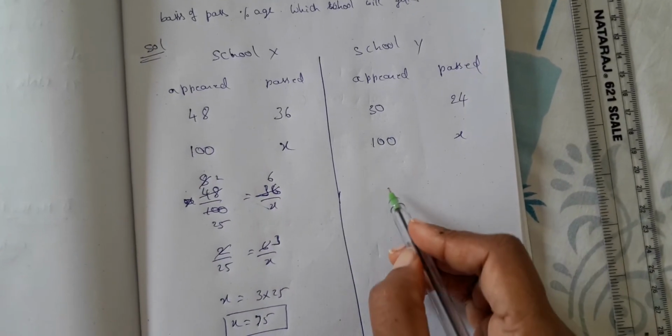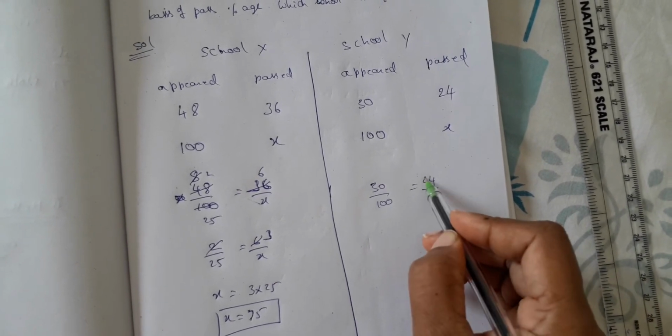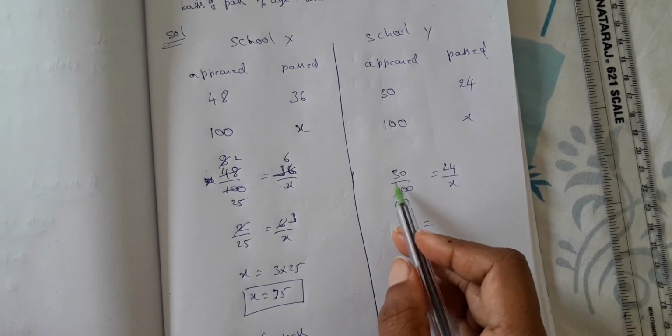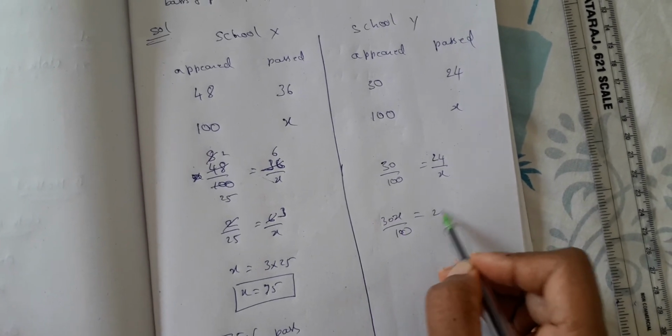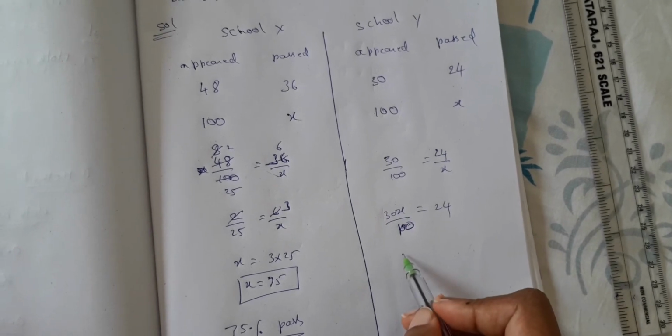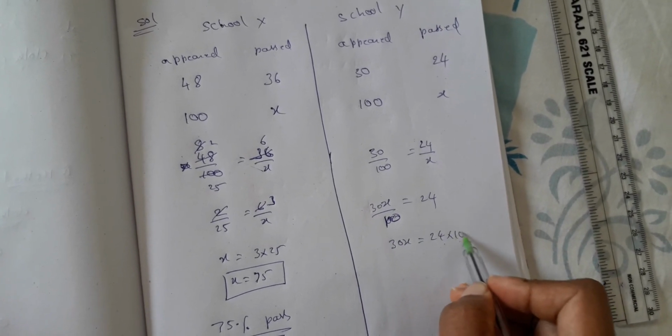In school Y, the same thing: 30 by 100 is equal to 24 by x. I will go by the transpose method. Bring x onto the left hand side, so it will become multiplication. So 30x by 100 is equal to 24. Now transpose 100: 30x is equal to 24 into 100.